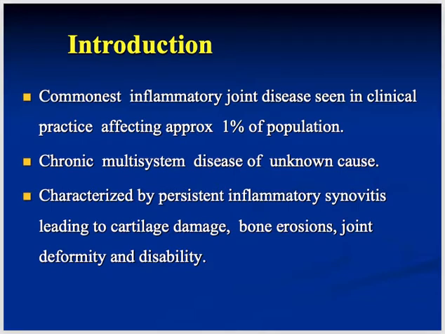Generally speaking, it affects around 1% of the population. And it's a chronic condition. It is characterized by persistent inflammatory synovium, which is covering the joint, which leads to cartilage damage, bone erosions, joint deformity, and disability.